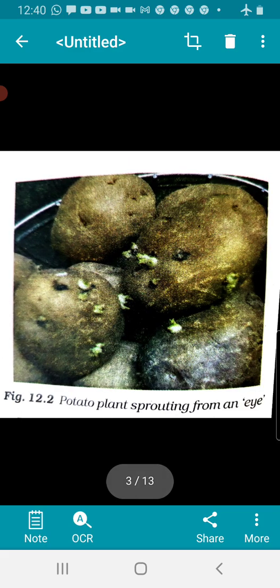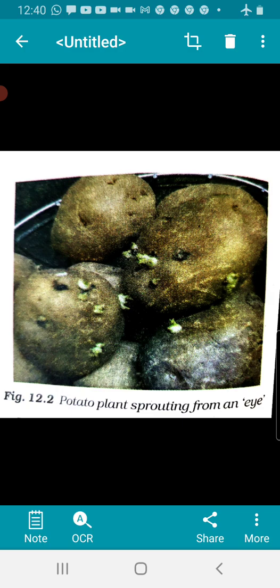Next, if you see a potato at home, if the potato is kept for 1 week or more, you can see a small growth. Take a fresh potato, observe the scars on it with the help of a magnifying glass. You may find buds in them. These scars are called eyes.